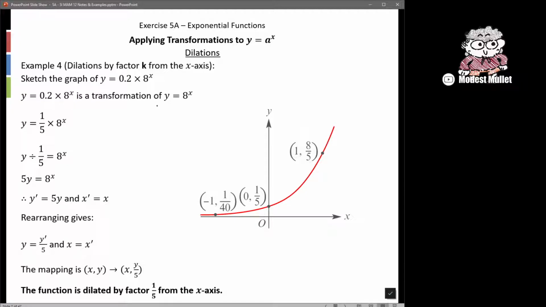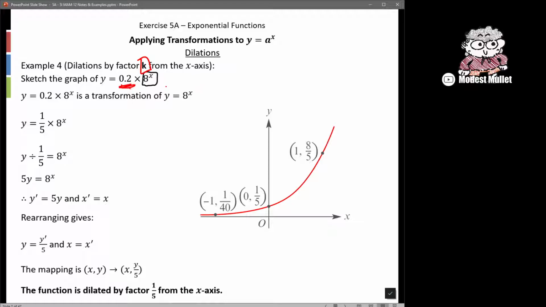Lastly is applying a dilation factor. Now, how do we apply a dilation factor when we've already got a number in the base? Well, it's by multiplying by some number out the front, and we generally call that k in this case. So how does this work out? Well, same thing.